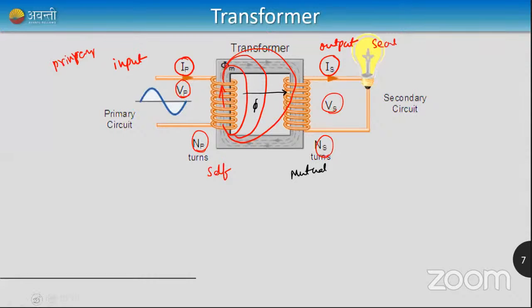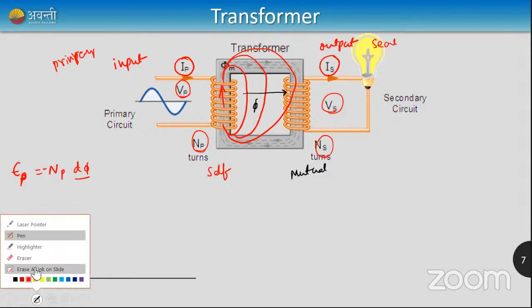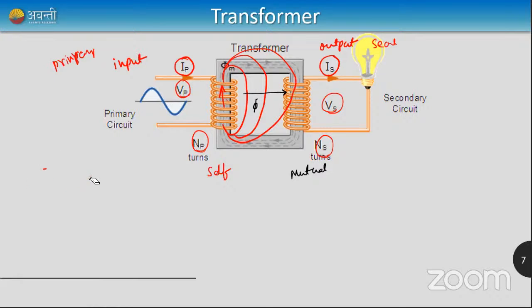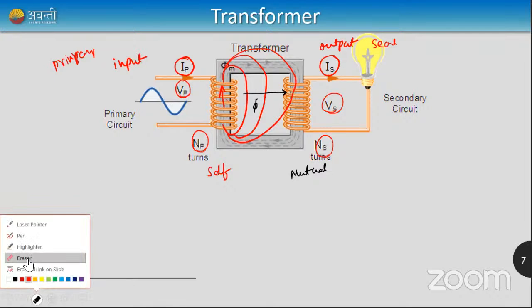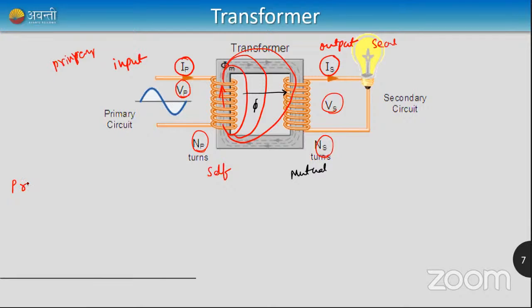So let me write the equation in the first case. In the primary coil, there is self-induction. So EP is equal to the number of turns in the primary coil times minus d phi by dt. Let me write this very clearly. We'll write the formula for self-induction.